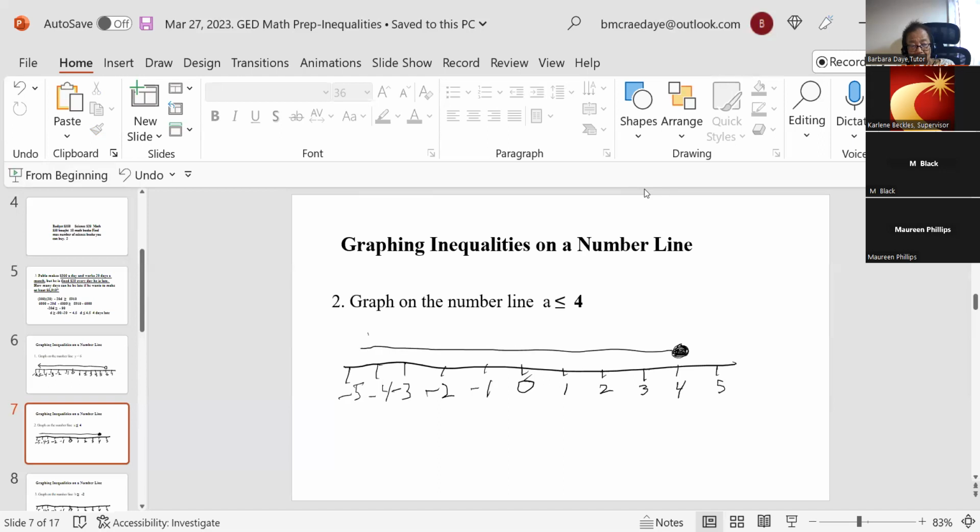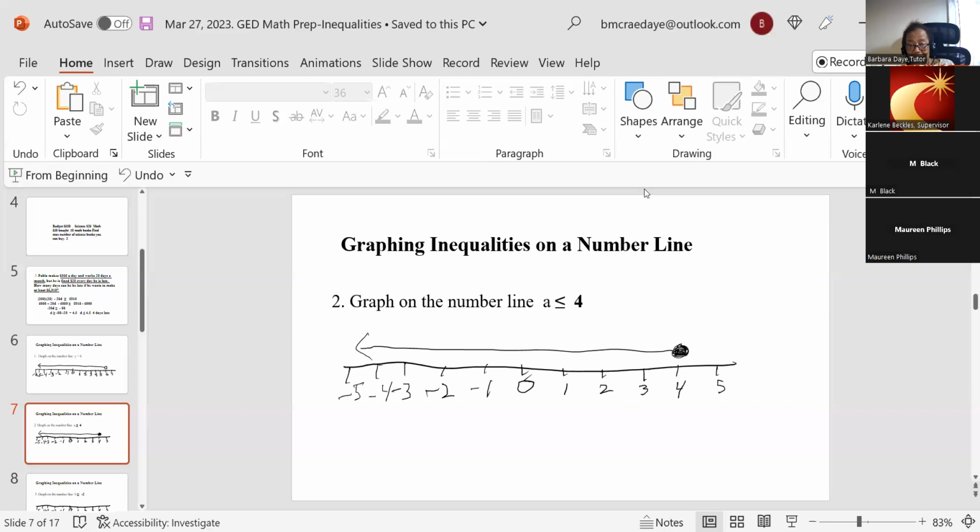And if it's on 4, that's the equal. So it could be equal to the 4 or it could be less than the 4. It includes the dot because it says less than or equal.